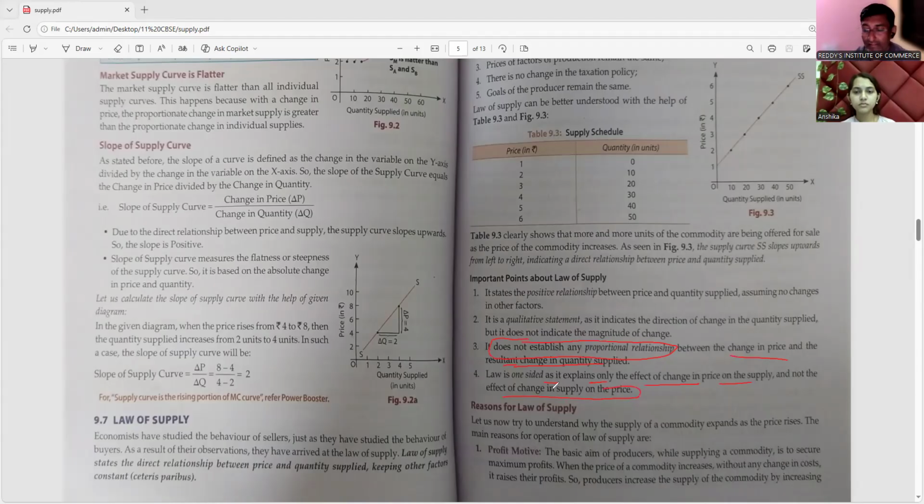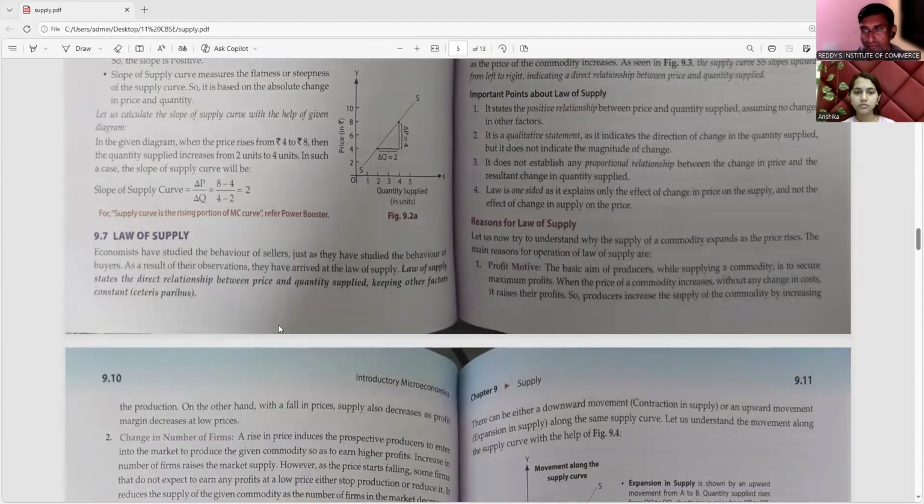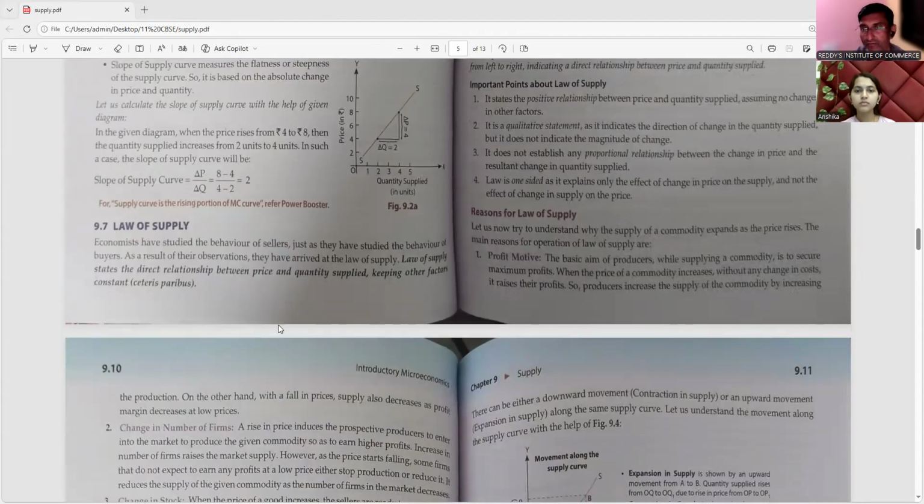Right? But in this case again there are some reasons for the law of supply. For what reasons could this happen? First of all, profit motive is the major factor affecting the law of supply, because the law of supply is basically related to the price and profit motive. Obviously when price is increasing, supply also increases.